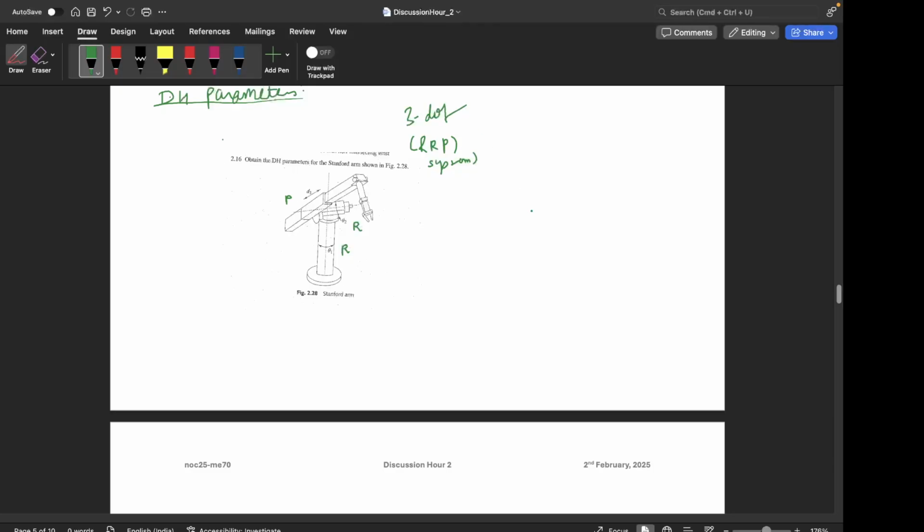Okay. Now we will start assigning the frames. Right. So I'll just first draw the frames and then we can discuss.